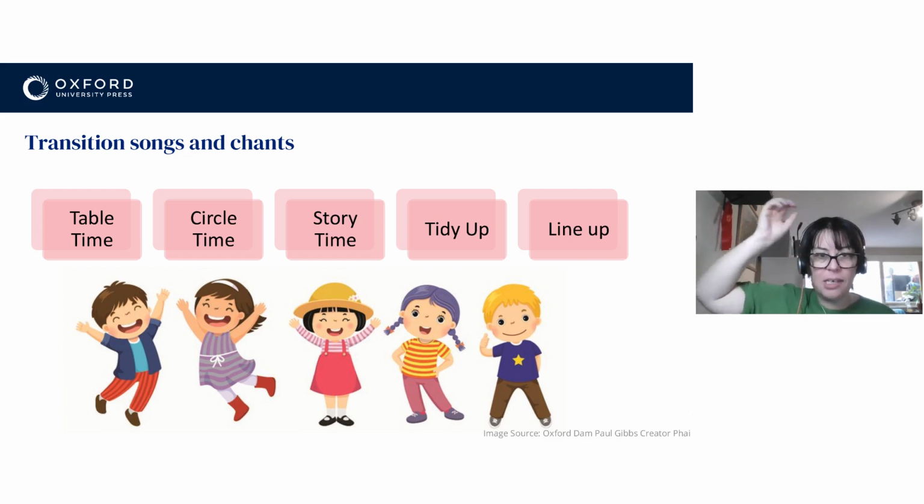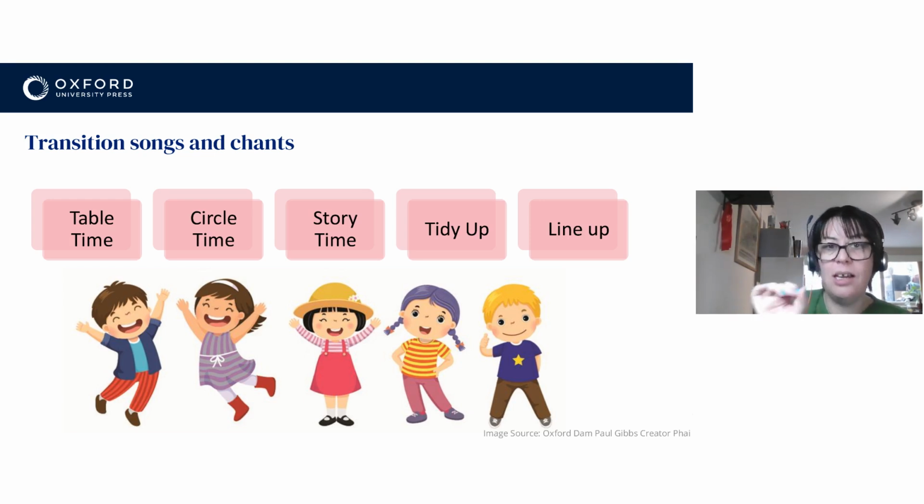And it's immediately that aural trigger for the students. They hear it, they know this is what's expected of me. So when it's story time, the story time song comes on. When it's tidy up time, the tidy up song comes on. When it's time to line up and leave the classroom to go to lunch, to go to the bathroom, to go to wherever you're going, the line up song comes on.